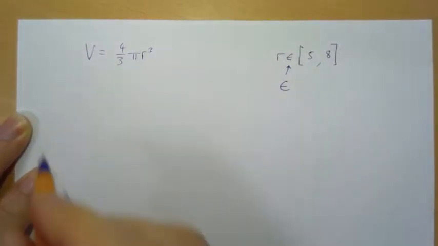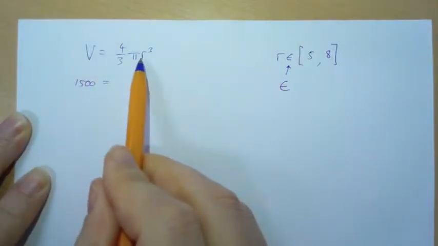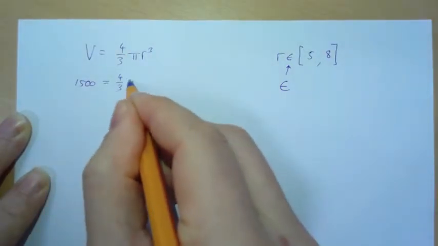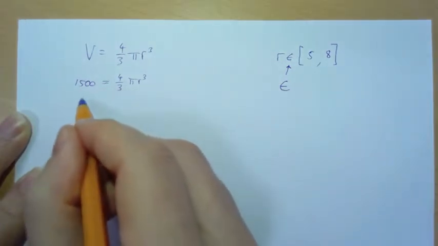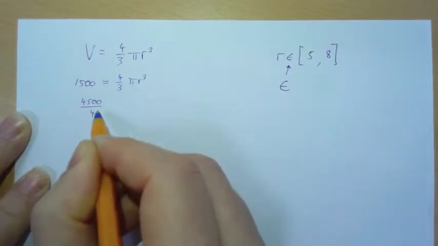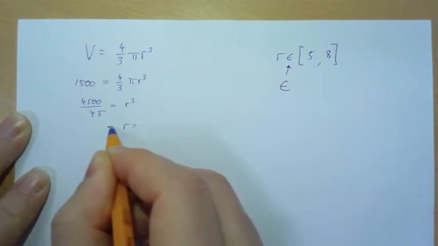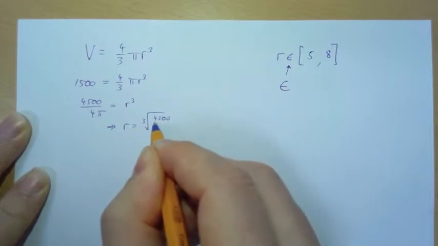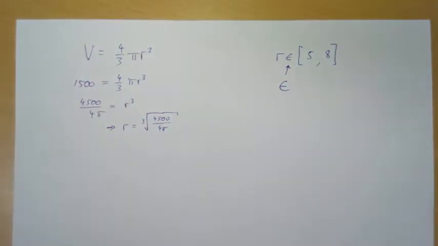So what we can do, after all, the question is: there exists a radius between 5 and 8 such that the volume is 1,500? So what we can do is solve this, multiplied by 3, 4,500 divided by 4, divided by pi equals r cubed, and I get r equals the cube root of 4,500 over 4 pi.